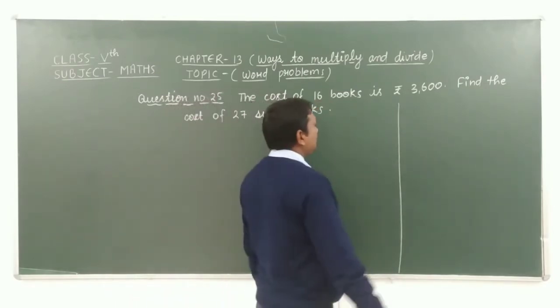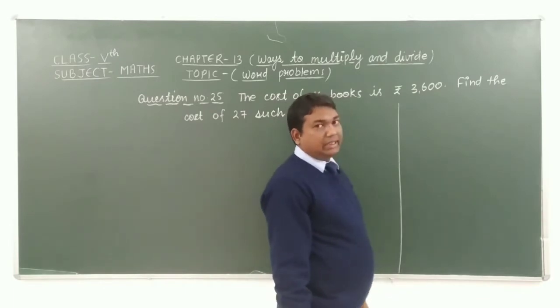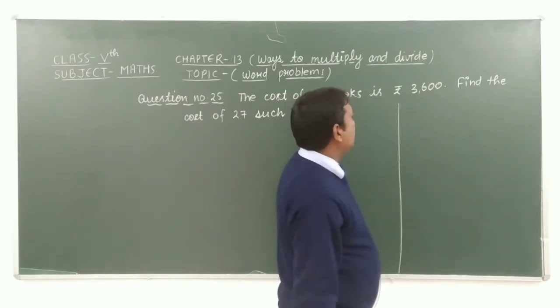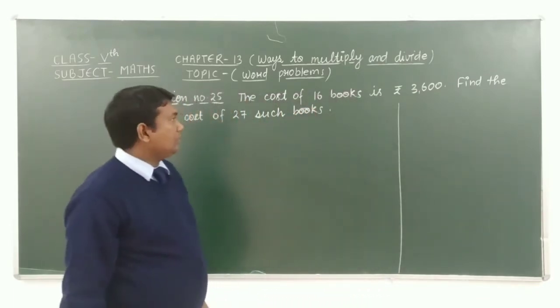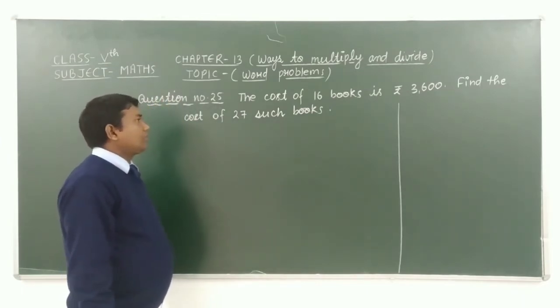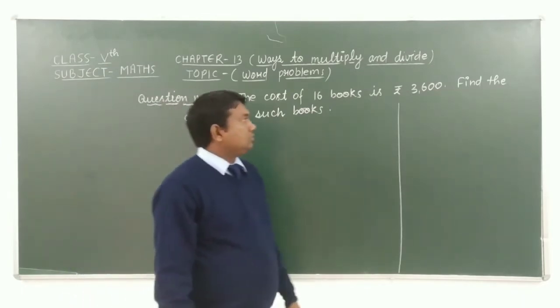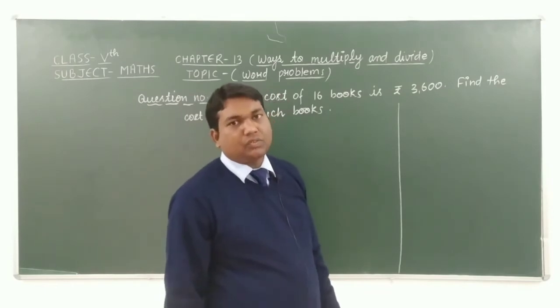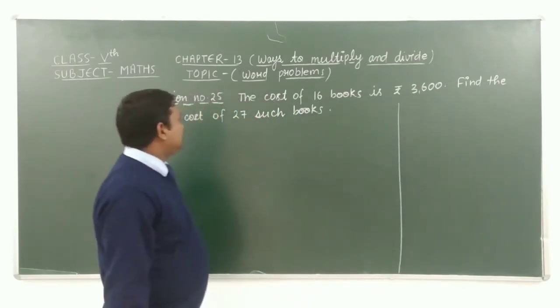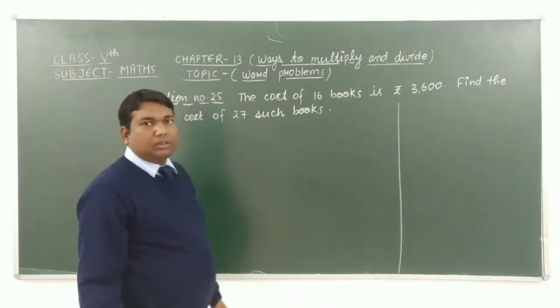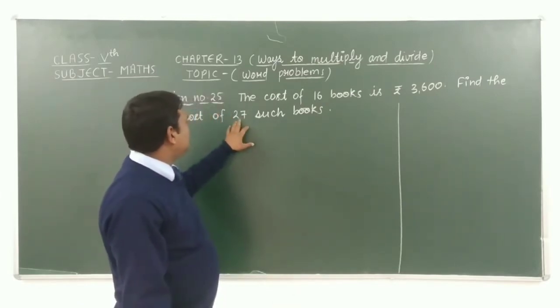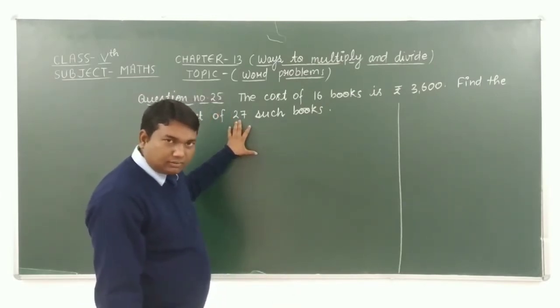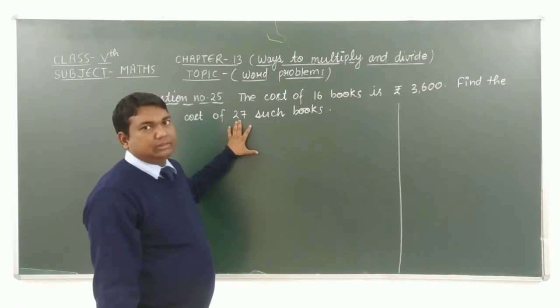Then again we have to take multiplication of the cost of one book and 27.